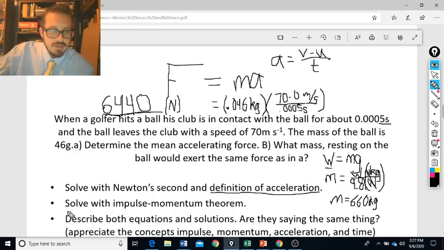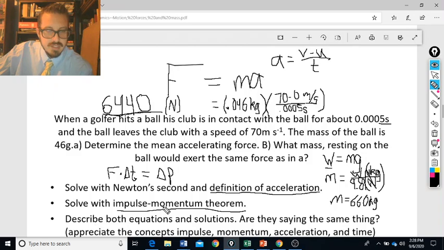The slide goes on to say, solve with impulse momentum theorem. Impulse is just the quantity force times time, and it's equal to the change in momentum. We'll revisit this type of working once we've had a chance to study momentum in more detail.